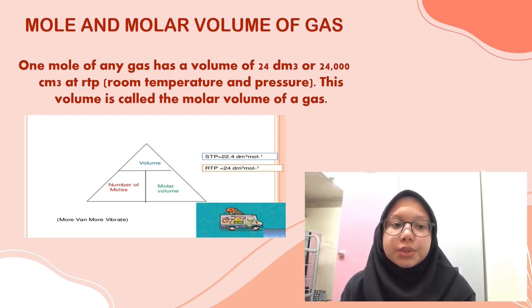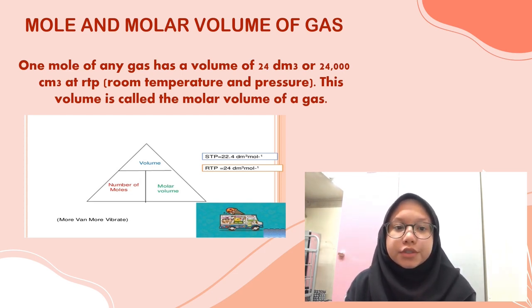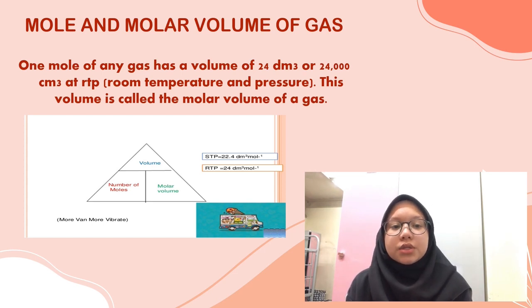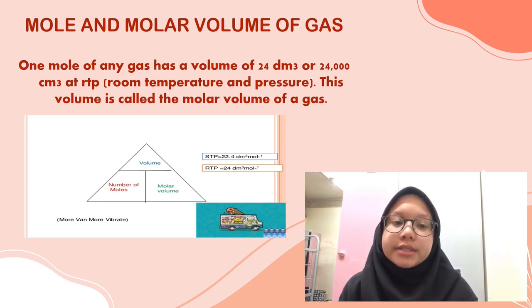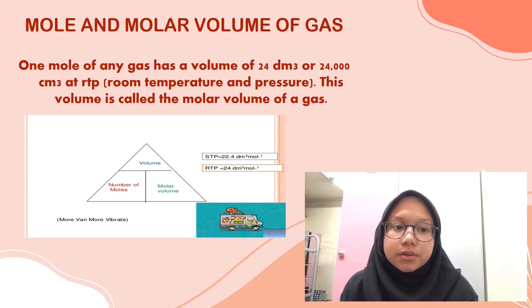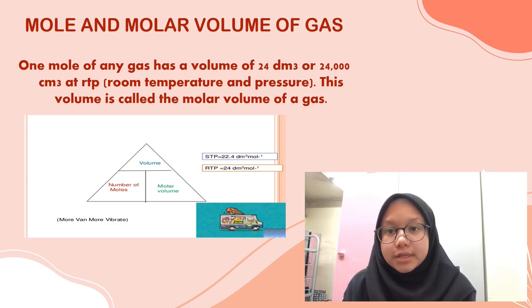The volume of gas depends on the pressure and temperature. So right now we have two: the first is at standard temperature and pressure, or STP, where the value is 22.4 liters, and the second is at room temperature and pressure, or RTP, where the value is 24 liters.